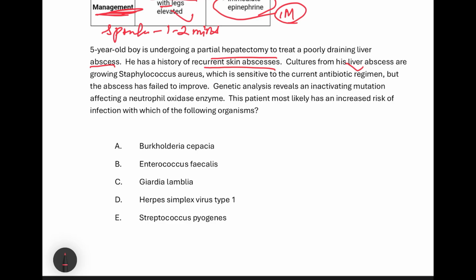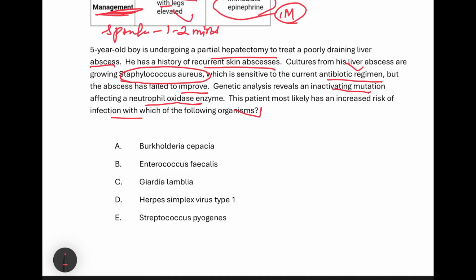Cultures from his liver abscesses grow Staphylococcus aureus, which is sensitive to the current antibiotic regimen, but the abscess has failed to improve. And secondly, genetic analysis reveals an inactivating mutation affecting a neutrophil oxidase enzyme. This patient is most likely to have an infection with which of the following organisms?